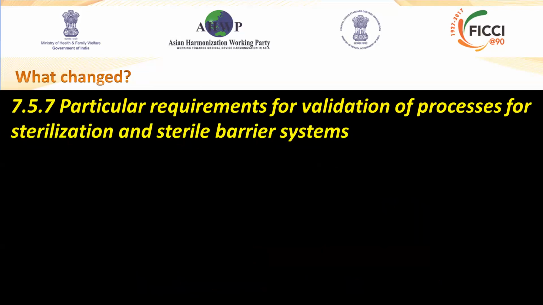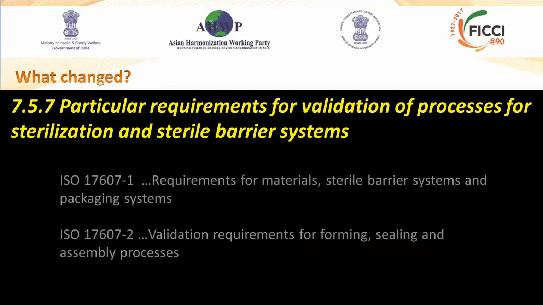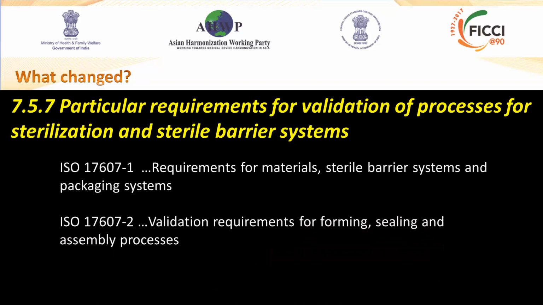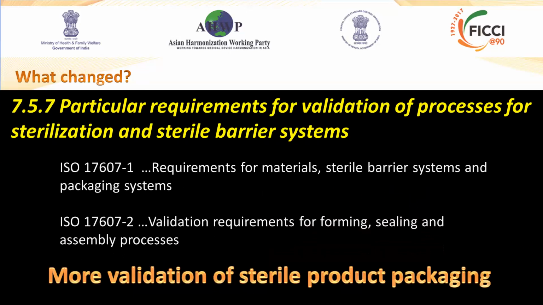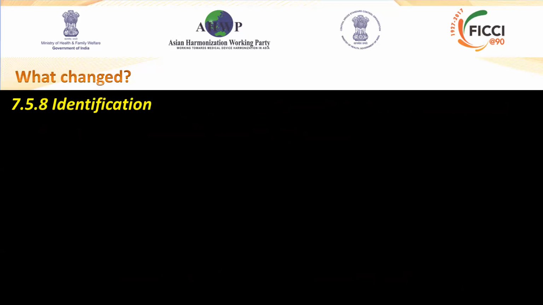So there's some other particular requirements for validation of sterilization processes. They're in the ISO standards that I've got listed here, the 17607 series, the -1 and the -2. Those are listed in 13485 as references. So more validation of sterile products and their packaging. This is new to the standard.